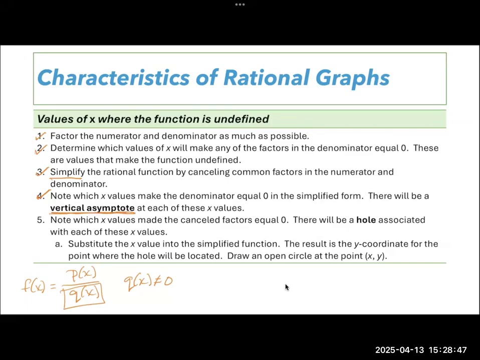Now, because this is an x value that makes your function undefined, you can never cross a vertical asymptote.